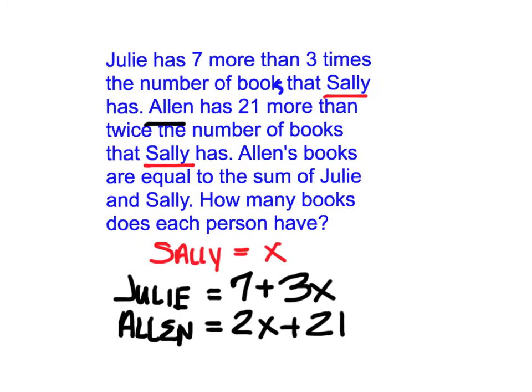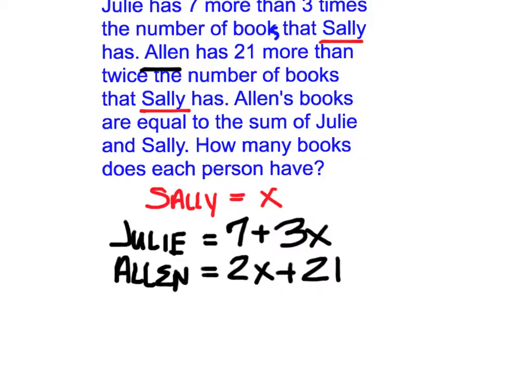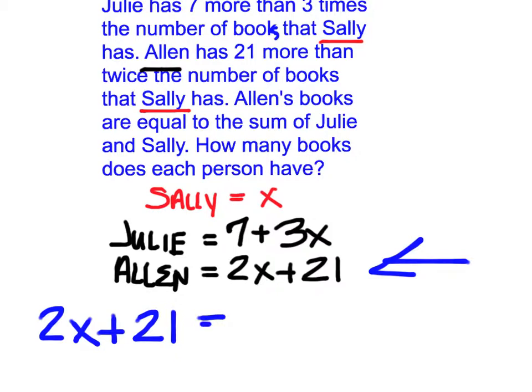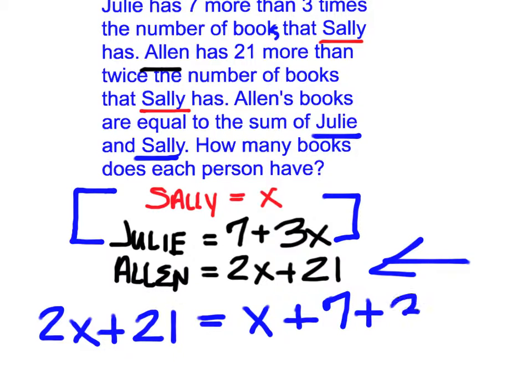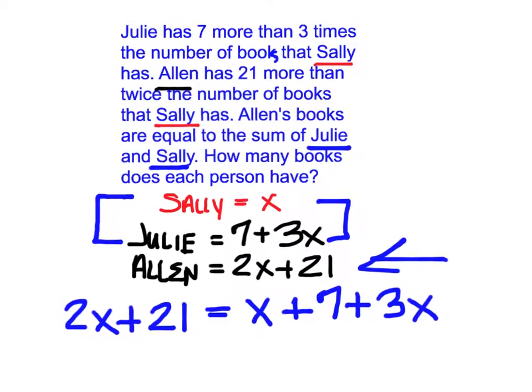So Alan has 2x plus 21, and Alan's books are equal to the sum of Julie and Sally. Sally is x, and we need the sum of Sally and Julie. So that's x for Sally plus 7 plus 3x for Julie. That is your equation, and you can solve it.